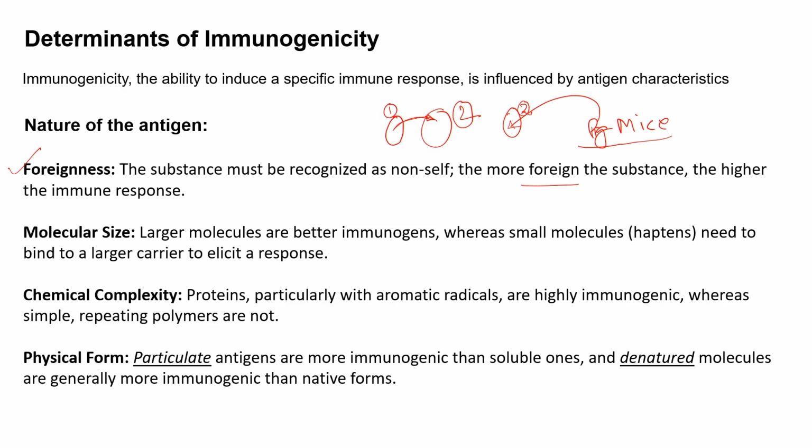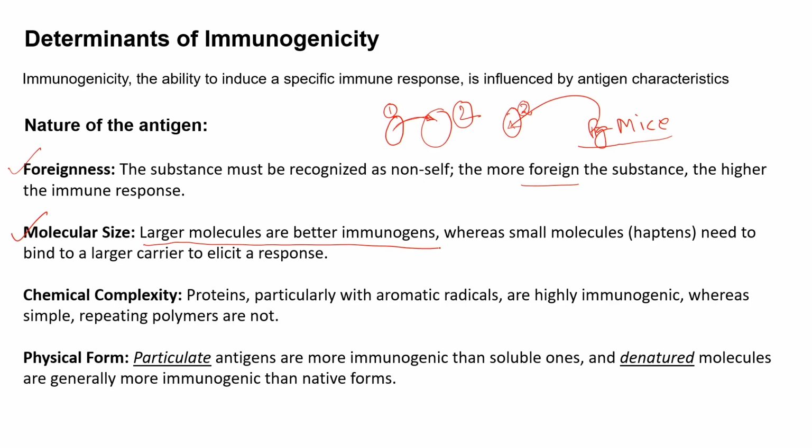The second is molecular size. Proteins are of varying size and have varying charges also. Some proteins are smaller in nature, some are larger. As a rule, larger molecules are better immunogens as compared to smaller ones. We have seen the example of haptens, which are very small molecules, unable to raise an immune response unless they are carried through larger carrier proteins.